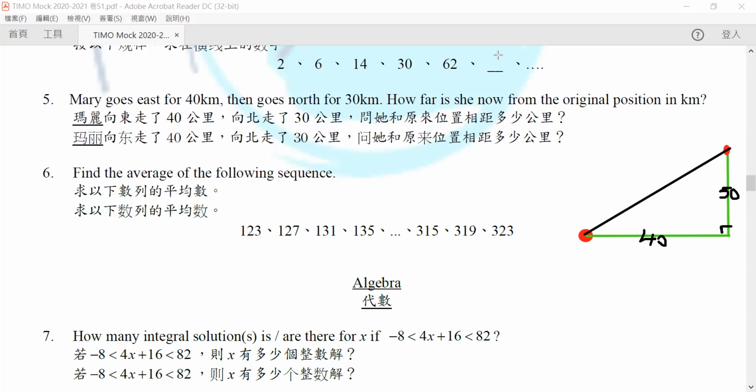So we know that this length is equal to the square root of 40 squared plus 30 squared, which would be equal to 50. So we know that the answer must be 50. By Pythagoras theorem, this is 40 squared plus 30 squared, and take the square root of it. This is question 5.